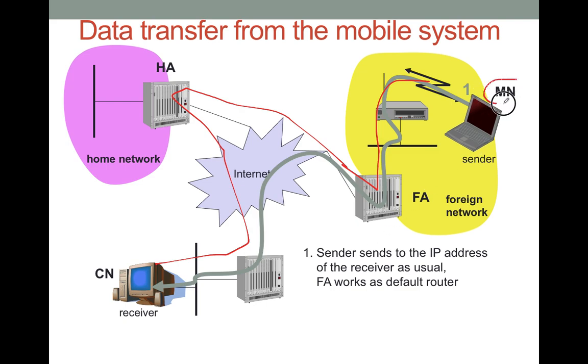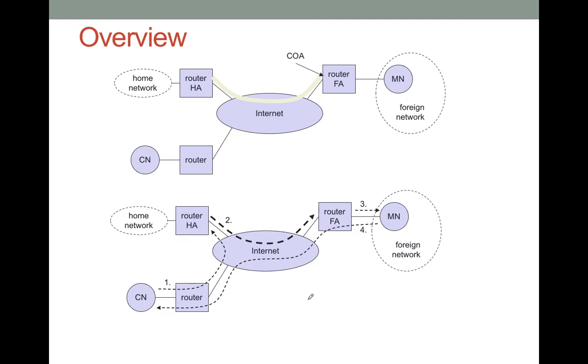The mobile node, as sender, will send directly from the foreign agent through the internet to the counterpart network and to the particular sender. So the sender sends to the IP address on the receiving side as usual. The foreign agent works as a default router. So this is the overview, which is the same as I explained before.